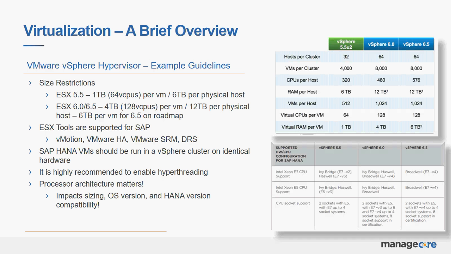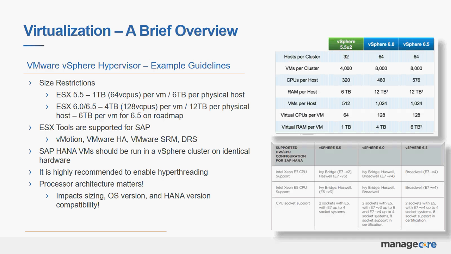A little bit into the actual hypervisor and size restrictions. And again, there's documentation out there. I just wanted to give a high level. But ESX, depending on which version, 5.5 or 6.0 and 6.5, the main differences are 1 terabyte in 64 vCPUs versus 4 terabytes in 128 vCPUs per VM.